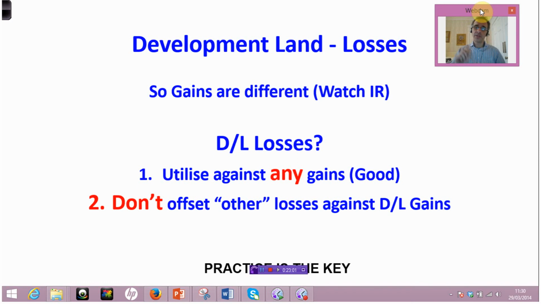But the only trick here is point number 2, where the reverse is the case. In other words, we can't utilize other losses on the sales of other chargeable assets against development land gains. Okay, so it sort of works in reverse.